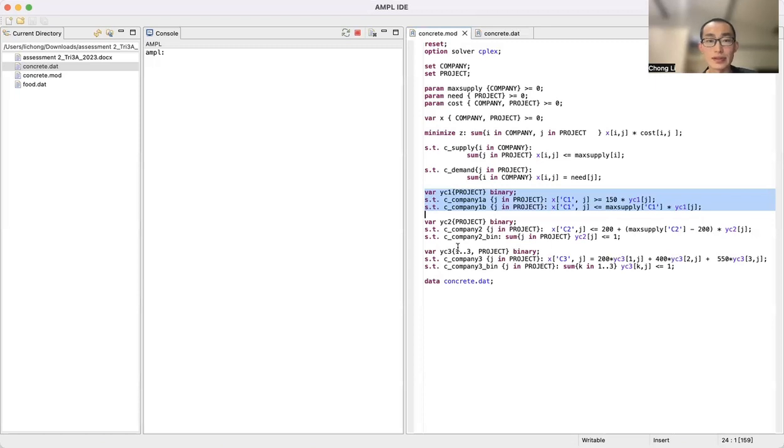This line of constraint means that no matter what product it is, company one cannot supply more concrete to another project than its production capacity, so the maximum supply is C1. These are the supply limitations of company one.